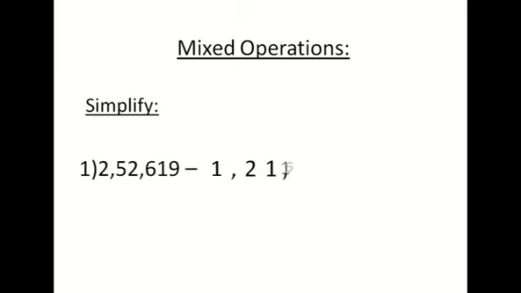Now we will work on mixed operations. Mixed operations means we will take addition and subtraction together. So let's take an example. The sum is 2,52,619 minus 1,21,165 plus 3,37,903.